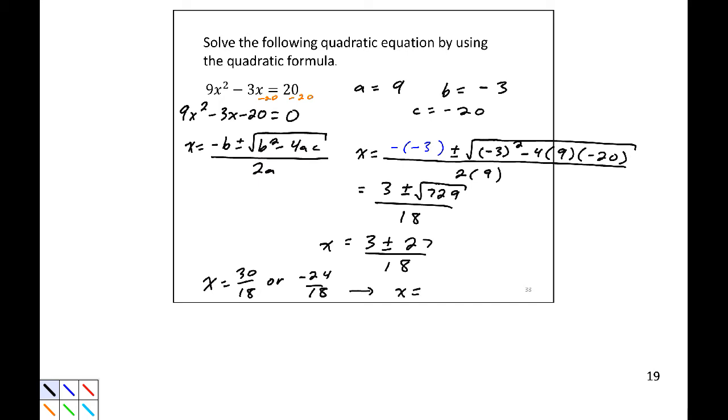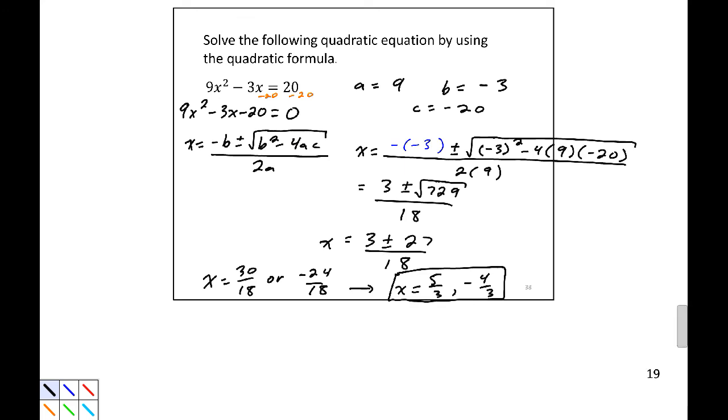That will be 15 over 9. Oh, that reduces more. All right. That is 5/3. And negative 24 over 18 reduces to be negative 4/3. And those are our solutions.